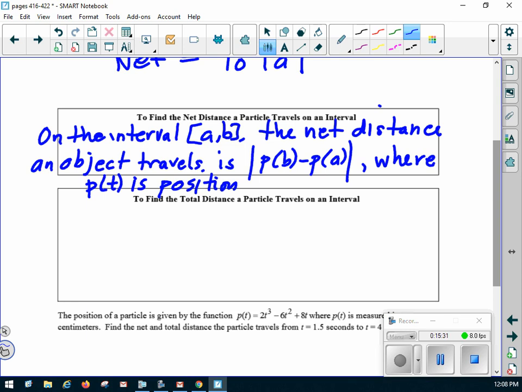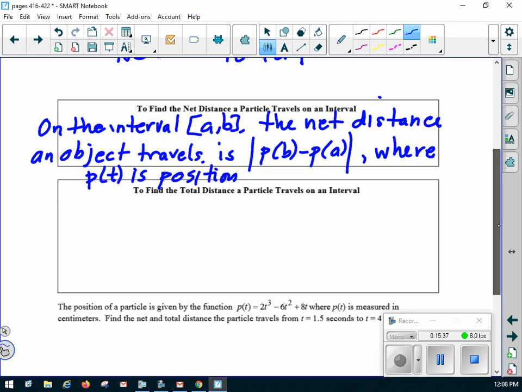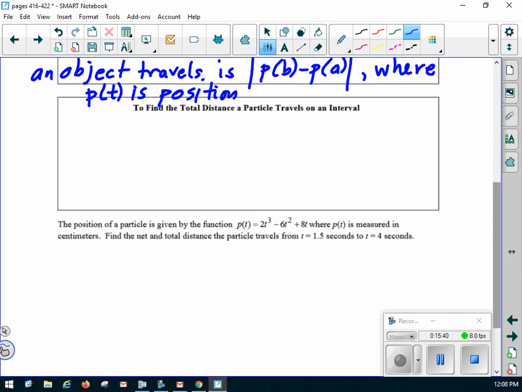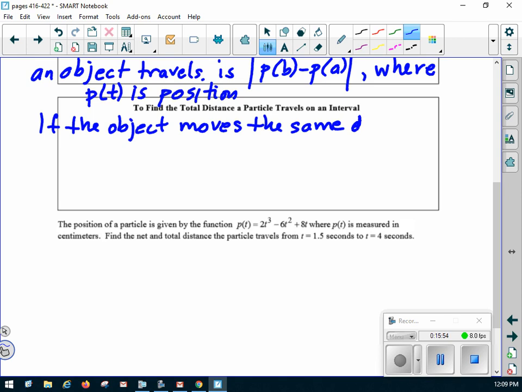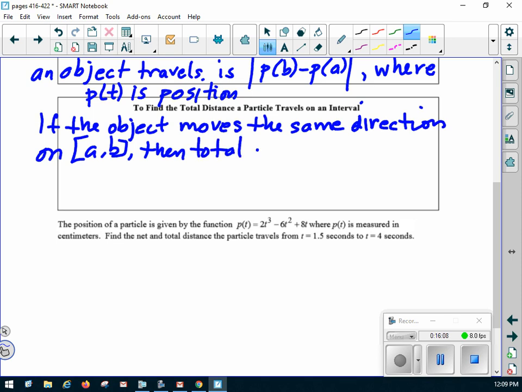You all right? Total distance. Now you notice the box is a little bit bigger. If the object, and I could say object or particle, moves the same direction on A to B, then total distance equals net distance.